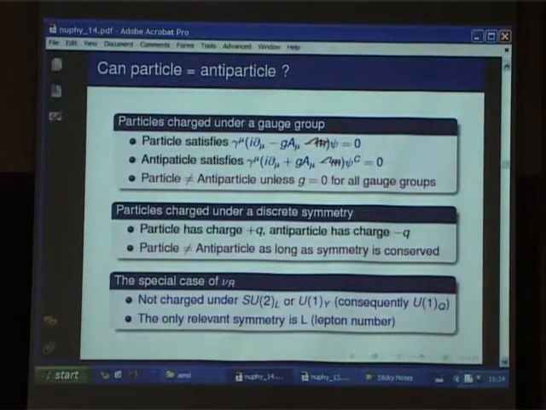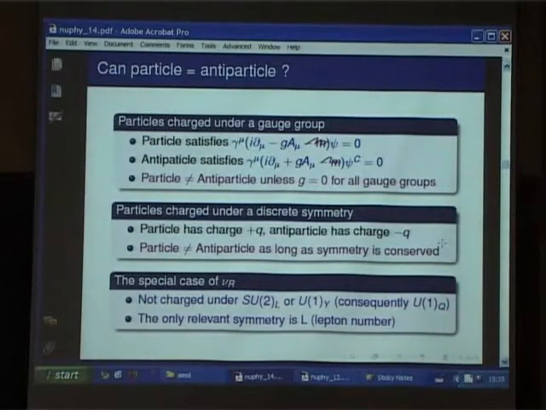So this first condition doesn't prevent nu R from being its own antiparticle. It's a singlet, therefore all these gauge conditions don't affect it. So in principle I can say that it may be its own antiparticle. So this was the first condition.